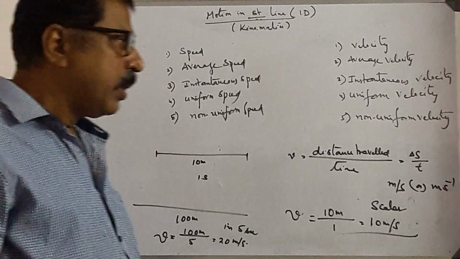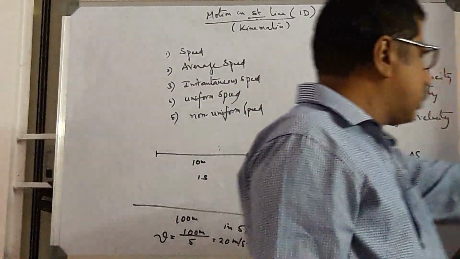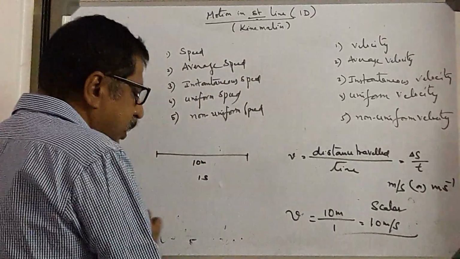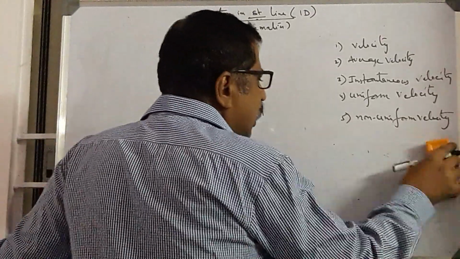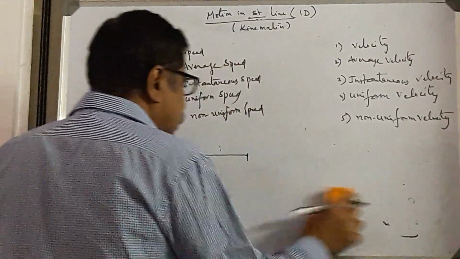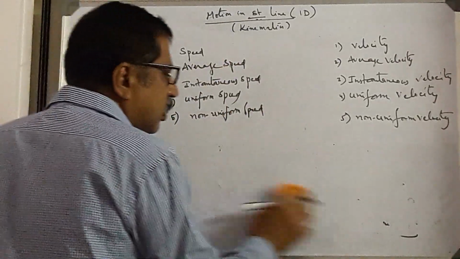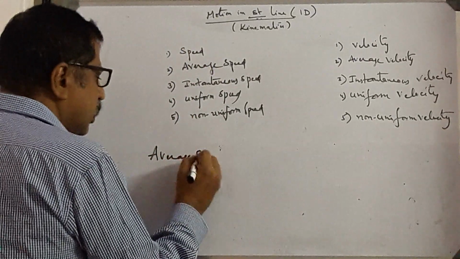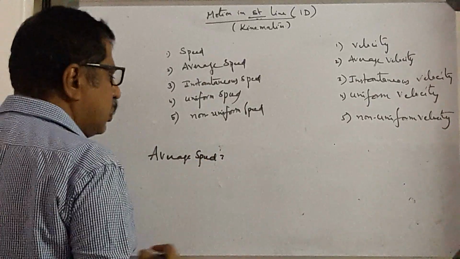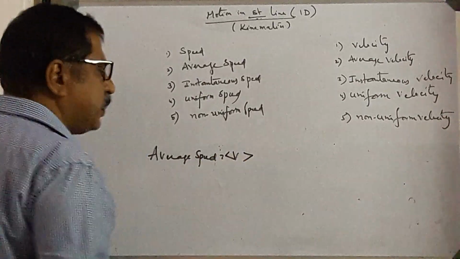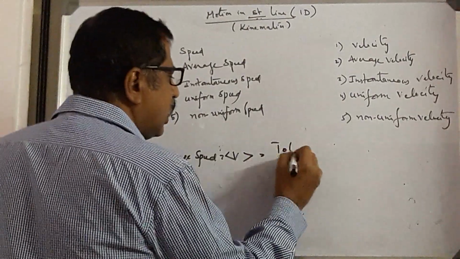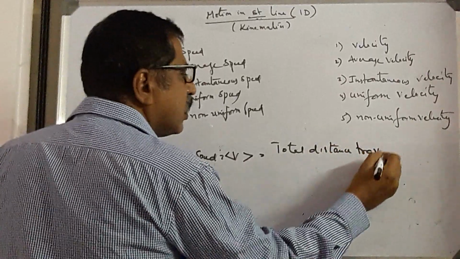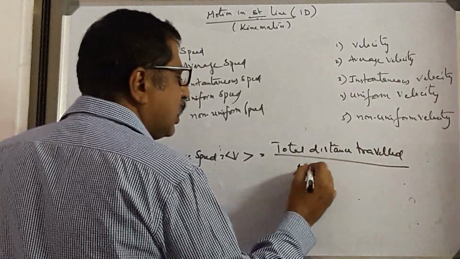Next one, average speed. It is defined as the average speed is equal to total distance traveled by total time taken.